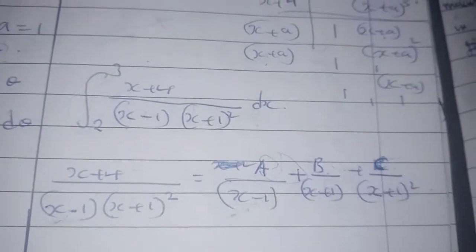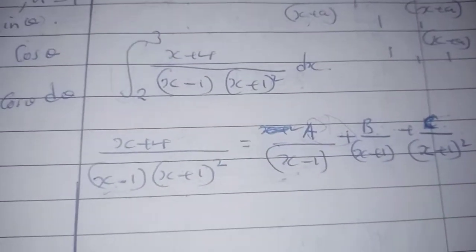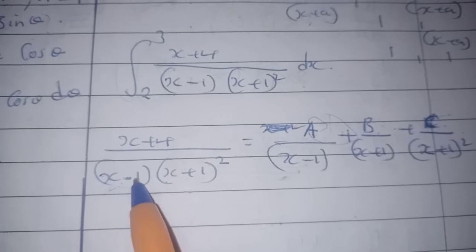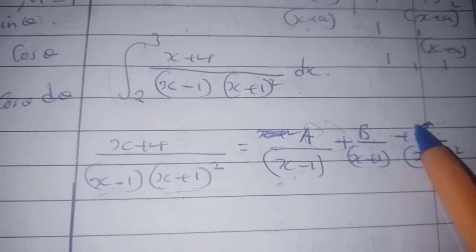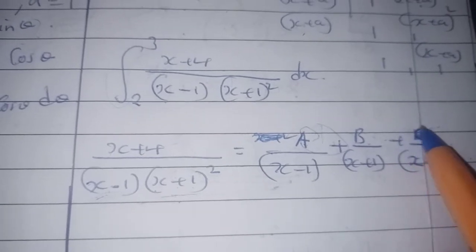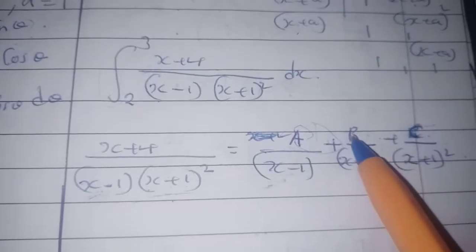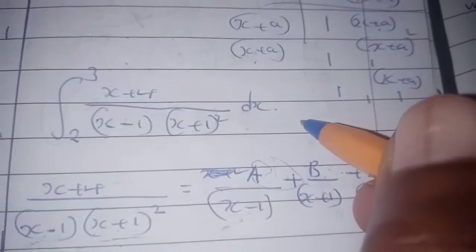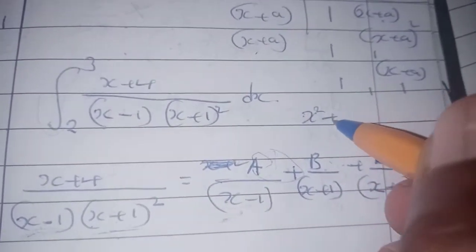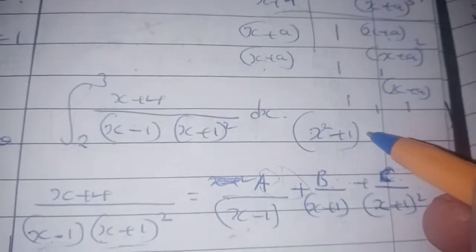But when you are given a quadratic equation inside the function, you have to write now a linear function. It could be a function like x squared plus 1, then multiplied by x minus 1.